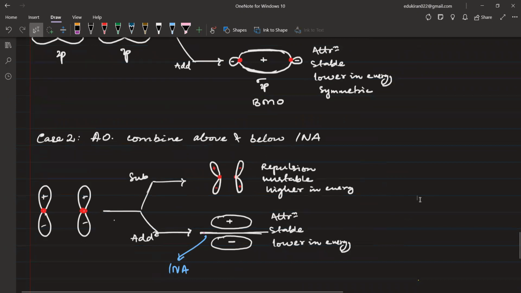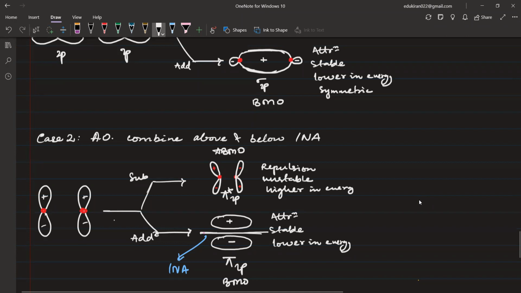But what about the symmetry here? If you look at this particular one, this will be pi 2p. This will be pi star 2p. This is your ABMO. This is your BMO. Okay, all of these things are simple.